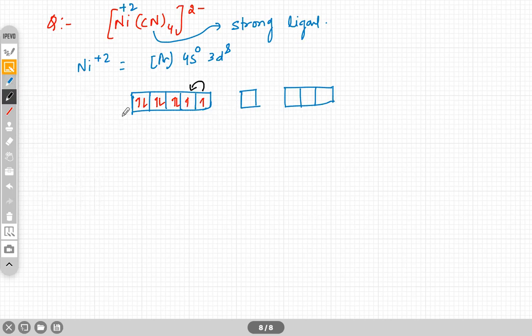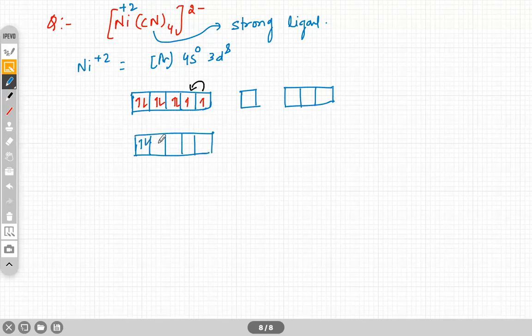So after this rearrangement, the orbital diagram looks like this: 1, 2, 3, 4. Each of these orbitals will have 2 electrons. One orbital is vacant, 4s, and 4p.